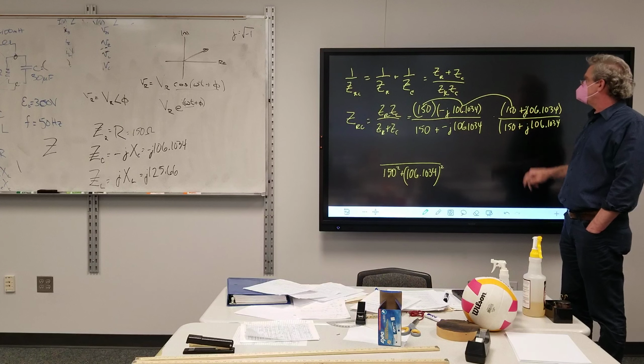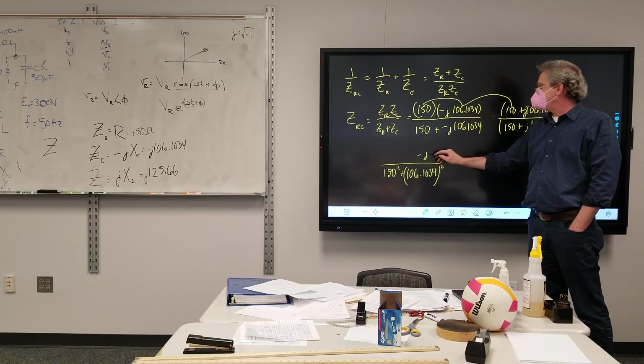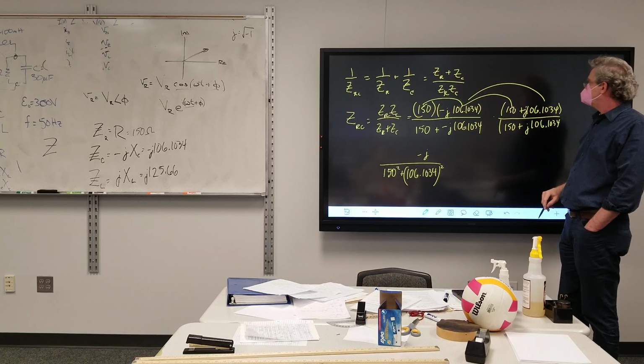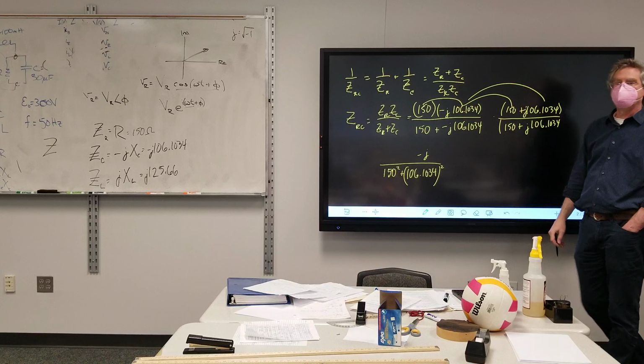And the top is this times this times this, that would be my negative j, and then that times that would be my real part.